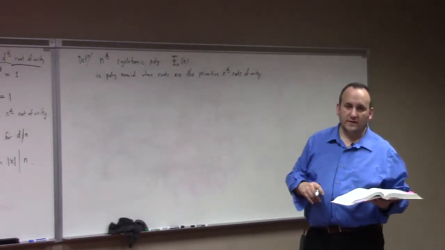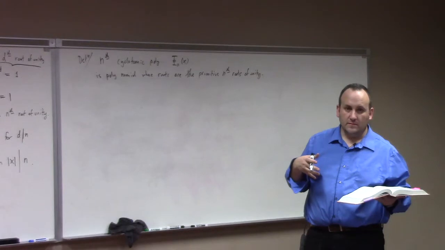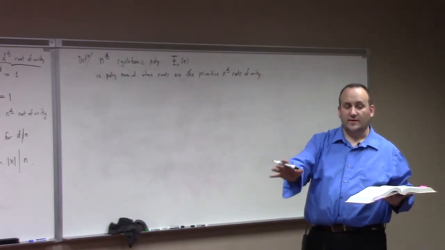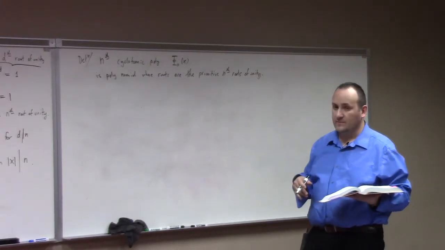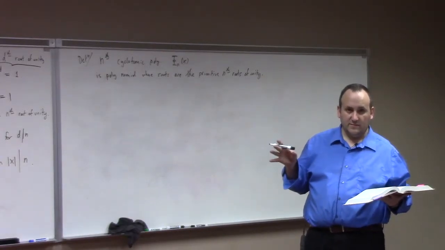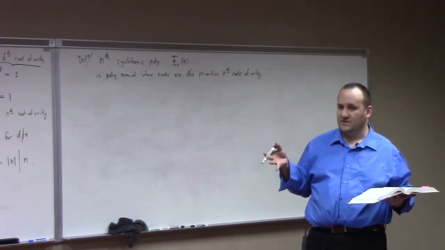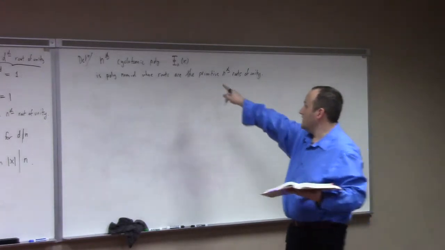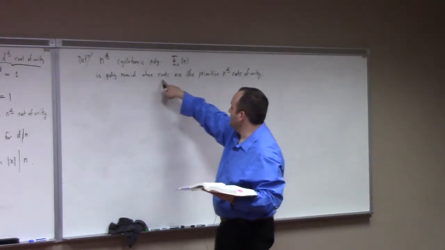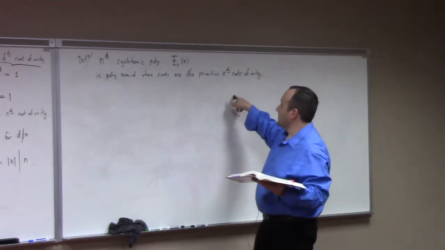So at this point, it should be immediately obvious why. Assume for a second that this is an irreducible polynomial over Q, right? If it is, what's its degree? Not n, no. What's the degree of phi n of x? How many roots does it have? The roots are the primitive nth roots of unity.